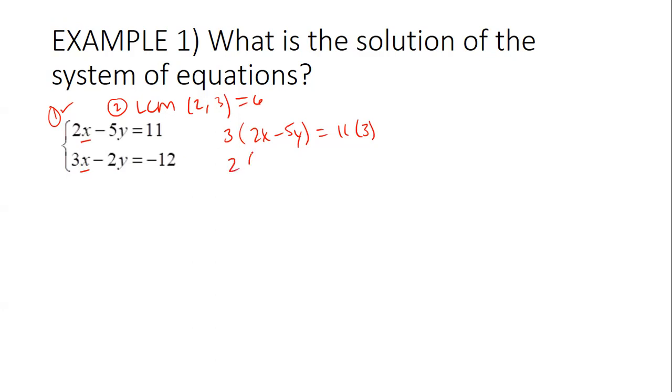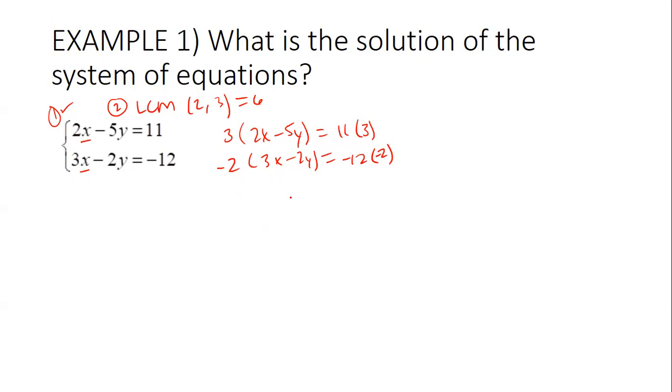Times 2. I'm going to multiply everything here by 2. Notice that what I do to one side, I do to the other. Now, they have to be opposites because these are currently both positive. One has to turn into a negative. I always just make the bottom one a negative. It just makes it easier. Call it a day. There's no other reason or rhyme.